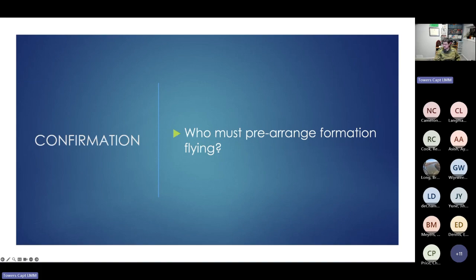So, probably don't. The pilot in command of the aircraft must arrange it with the other pilots that are flying and the ATC if relevant. So, thanks for that, Cameron.